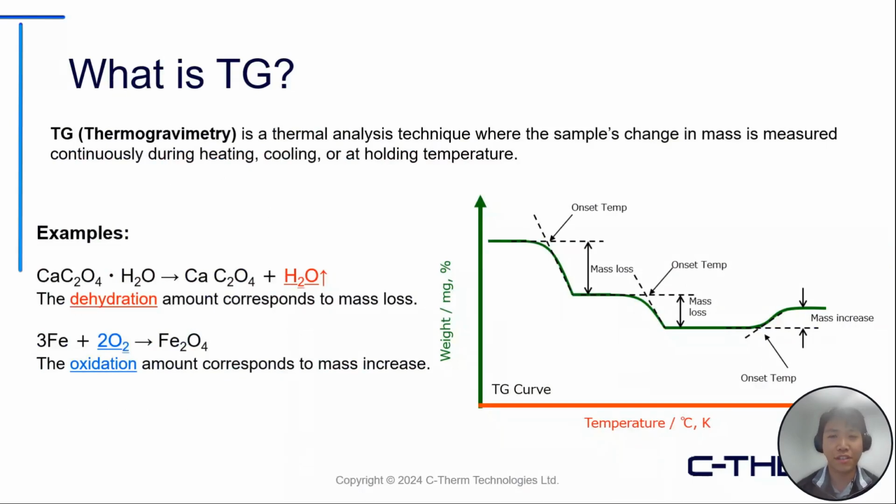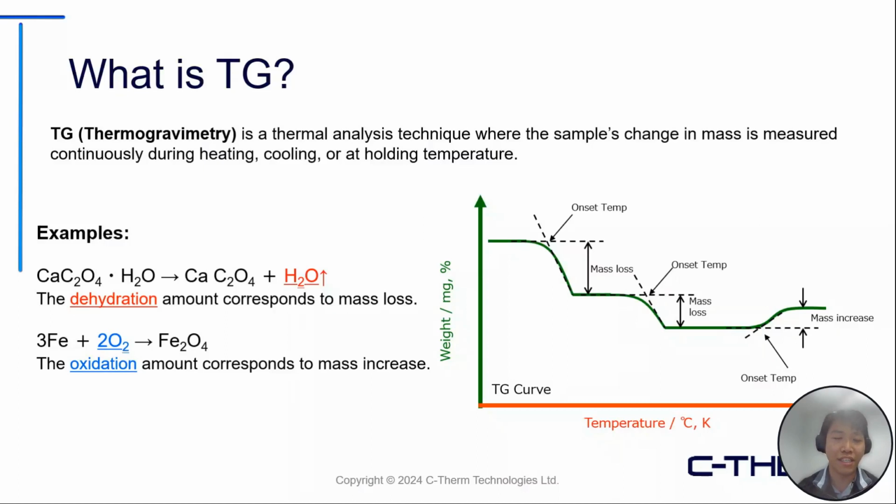So I'd like to first start with STA's first component, which is TG. TG stands for thermogravimetry, and as I described earlier, it's a thermoanalysis technique that tracks the change in mass of a sample over a temperature range. As we all know, some chemical reactions are associated with changes in mass.